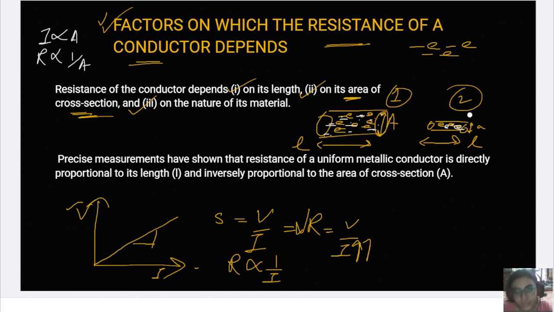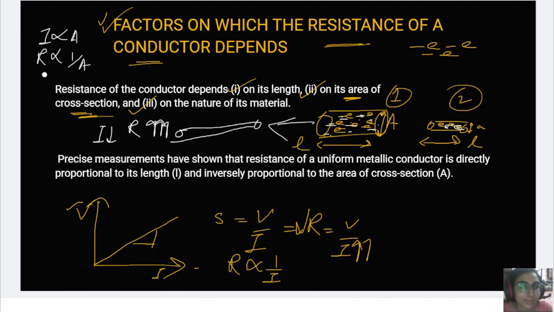In another way I can tell you: what happens if I stretch this wire? If I stretch this same wire into a very thin wire, then per unit time the electron flow will decrease, right? As a result, the resistance will increase and the current flowing through it per unit time will decrease.